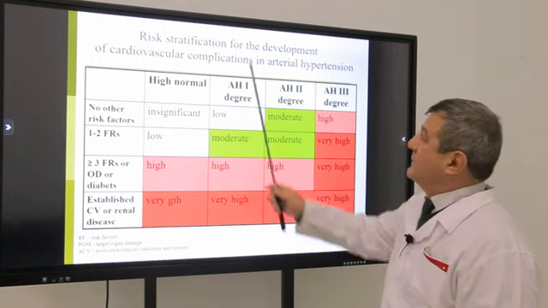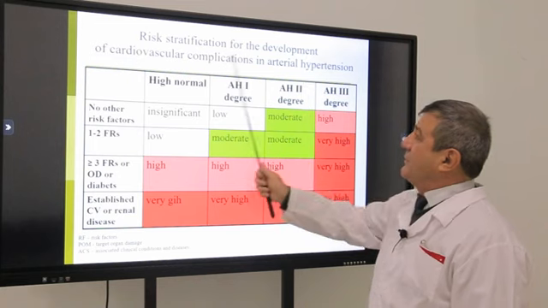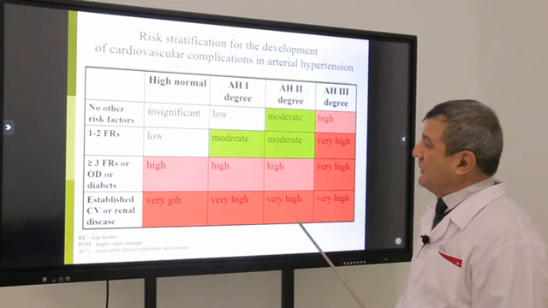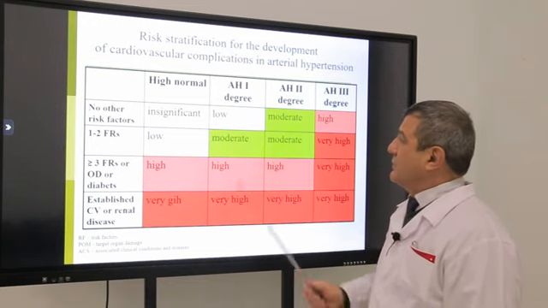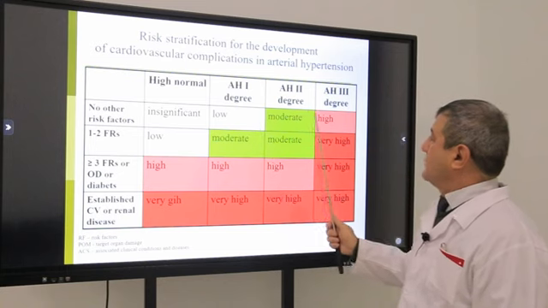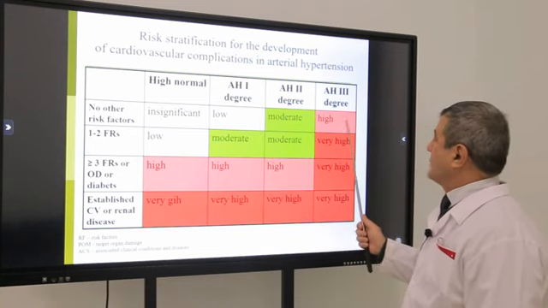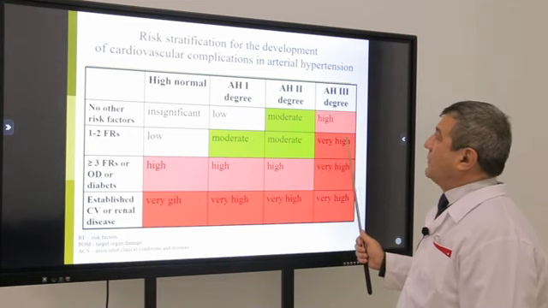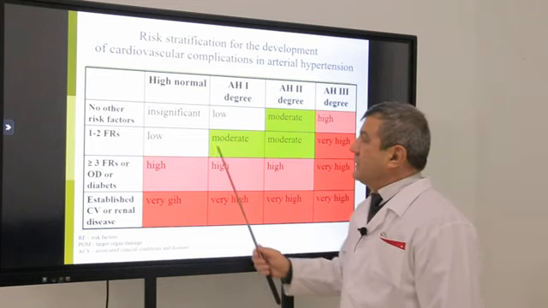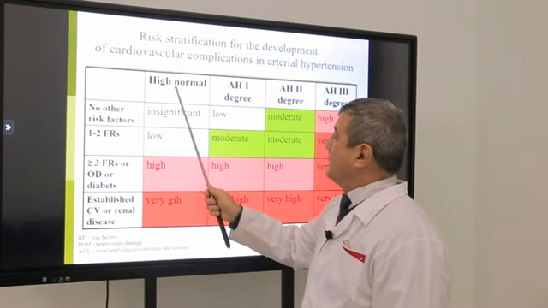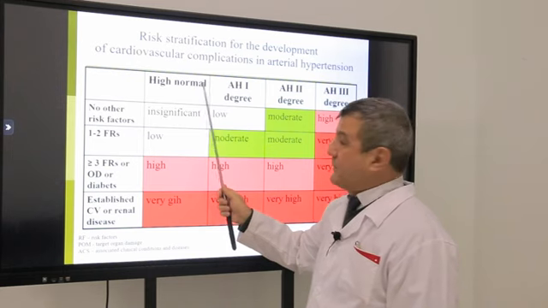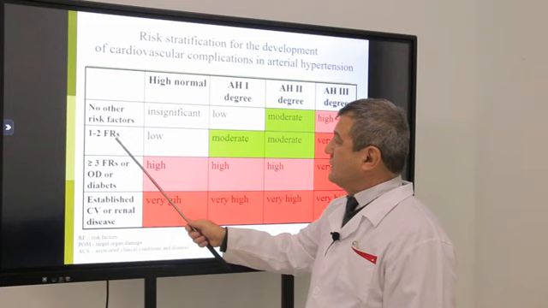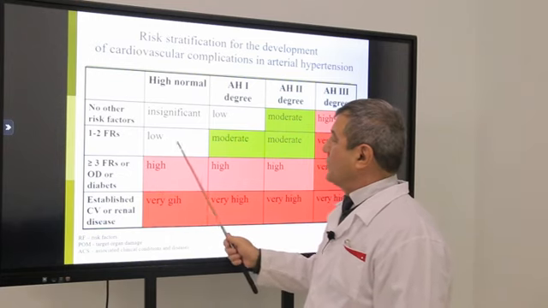We have risk stratification for the development of cardiovascular complications in arterial hypertension. We have 4 degrees of risk. First one, low degree. Second one, moderate degree. Third one, high degree. And next one, very high degree. If the patient has high normal arterial blood pressure and 1 or 2 risk factors, this is the low risk group.